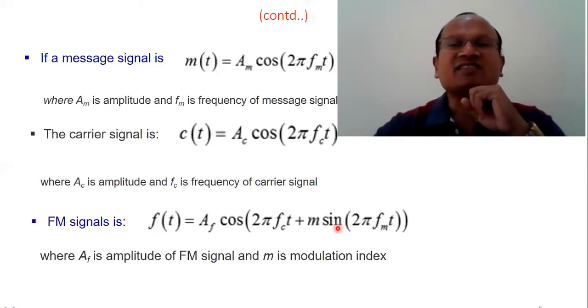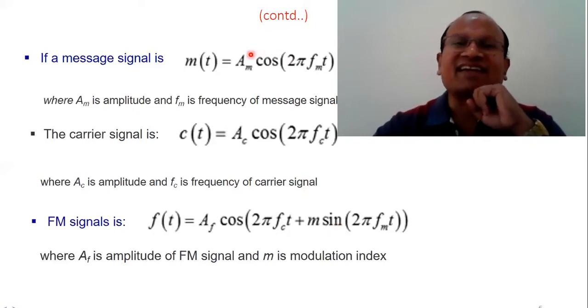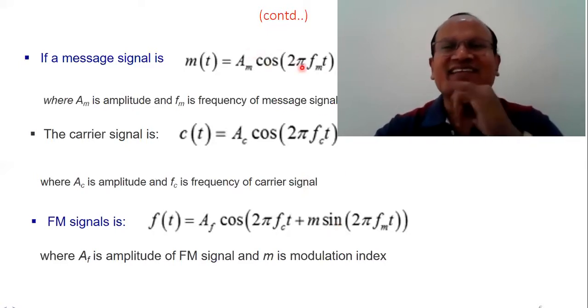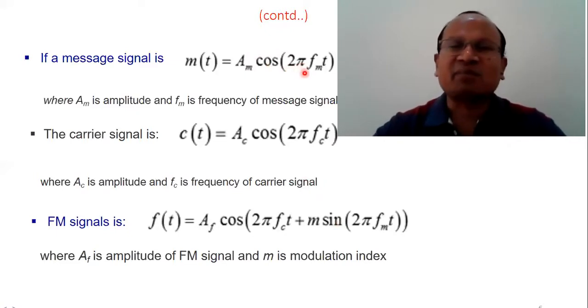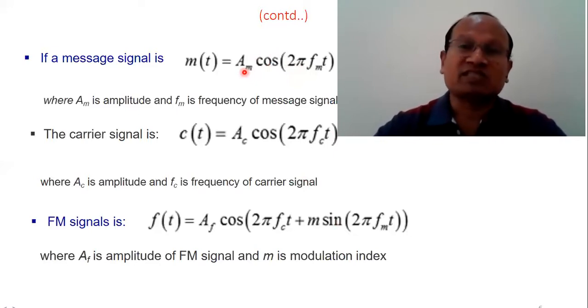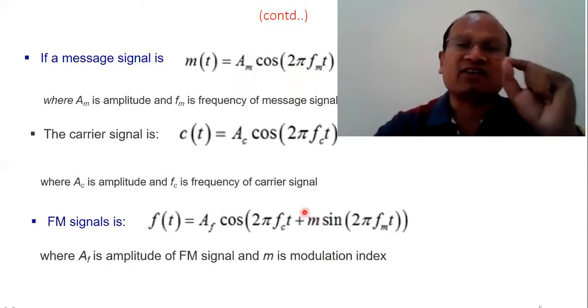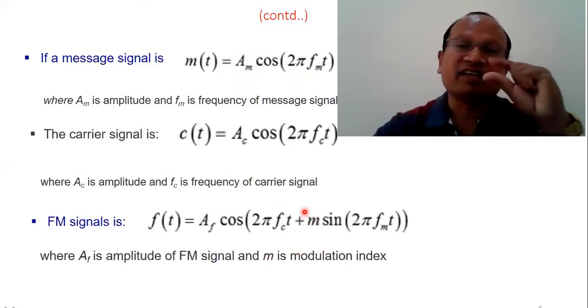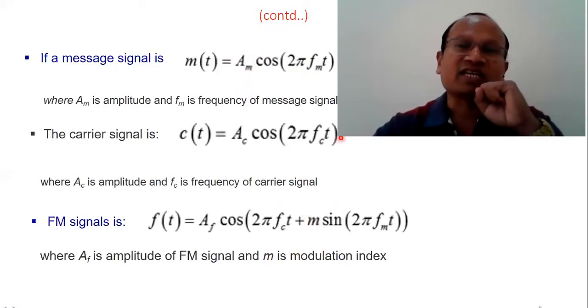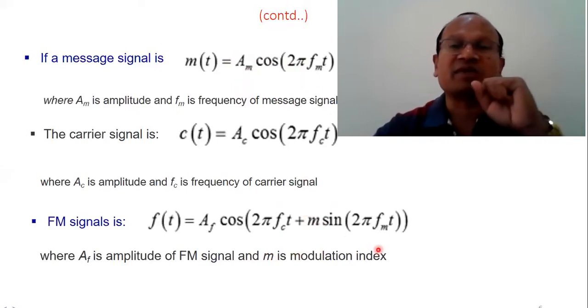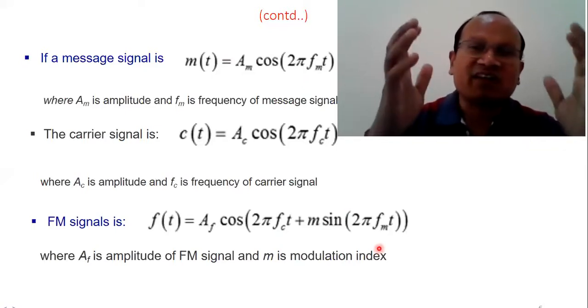Why? It is because it's a derivative term here. When we differentiate this term, it becomes sin 2πfmt multiplied by Am times 2πfm. When you simplify that, it becomes actually m. We will discuss m. That constant factor is the modulation index. And this cos 2πfmt, its derivative has become sin 2πfmt.